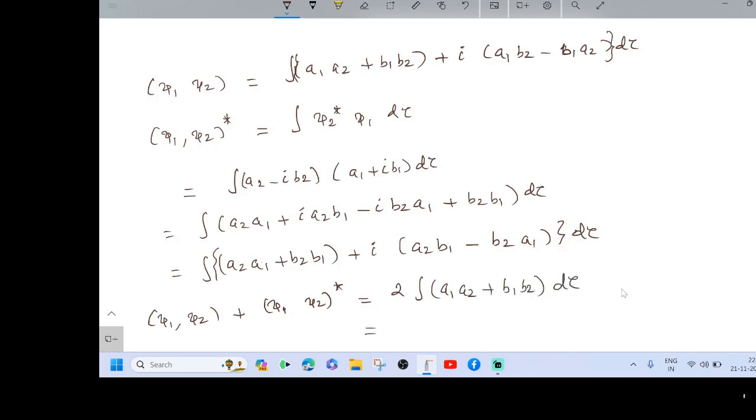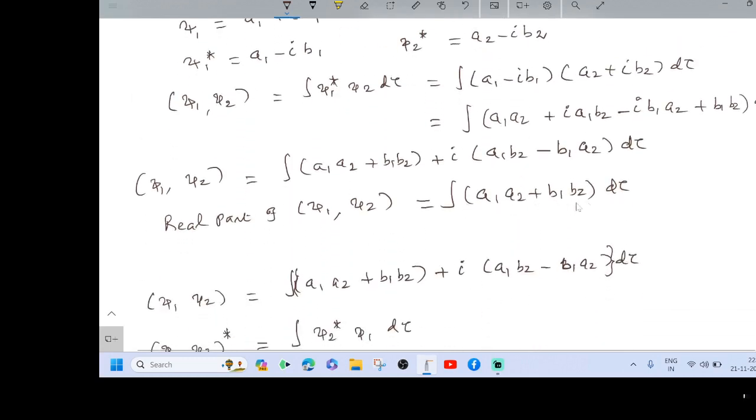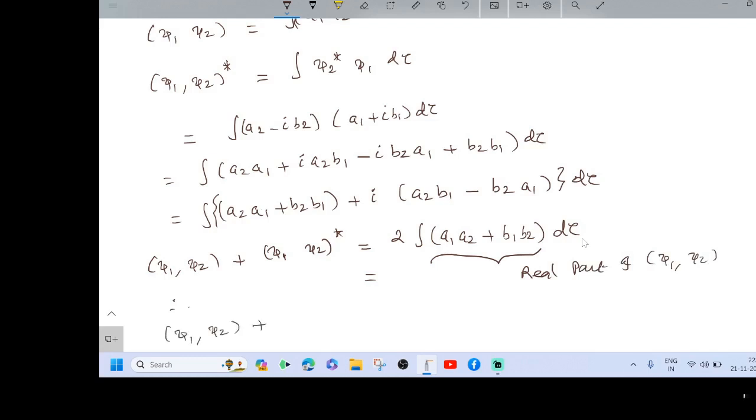Already the real part of psi 1 comma psi 2 is a1 a2 plus b1 b2 into d tau. Therefore psi 1 comma psi 2 plus psi 1 comma psi 2 whole star is equal to 2 times real part of psi 1 comma psi 2.